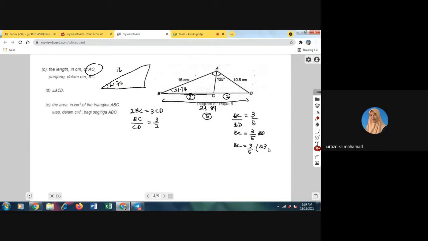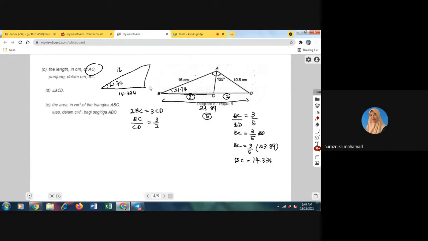BD is 23.89. So the length of BC is equal to 14.334. I write down here 14.334. Alright, now we have enough information, 3 pieces of information.